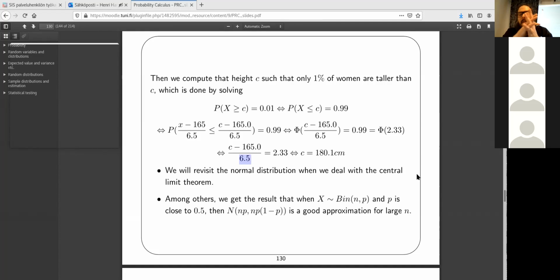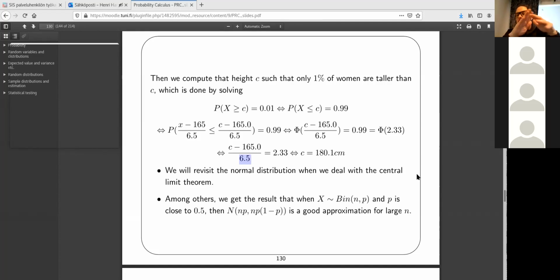On the other hand, if n is large and p is close to being 0.5, then the normal distribution with expected value n times p and variance n times p times (1 minus p) is a good approximation for large n.